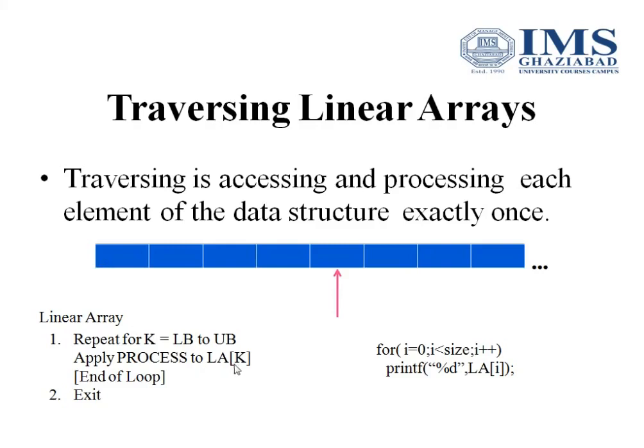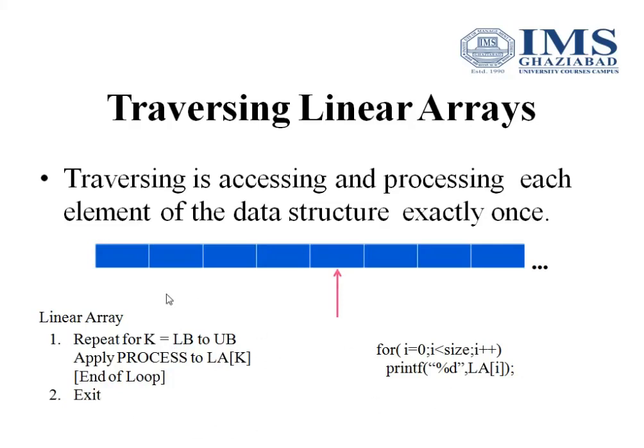Apply process to LA[k], meaning apply whatever process you want at the element at index k, and this loop will repeat until you reach the upper bound. Once you reach the upper bound, the loop ends and you can exit the program.